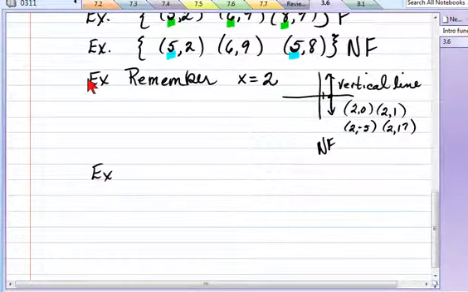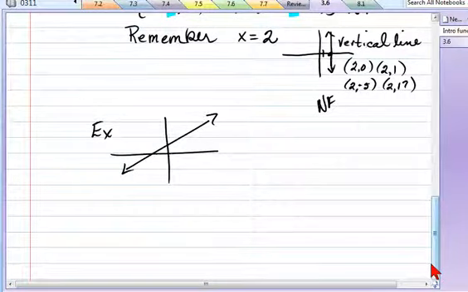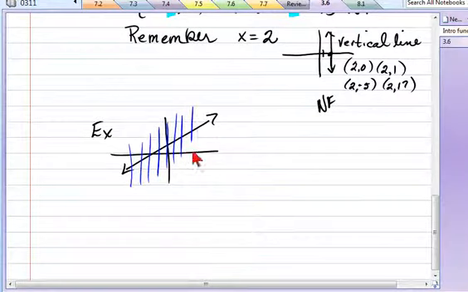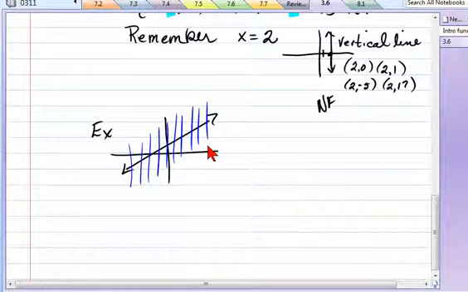Let's suppose that I have this graph of this slanted line, and I ask you, is that a function? Well, here's the way that you use the test. You take an imaginary vertical line, and you can pass it from left to right across your graph. Now, I only hit it with say 10 vertical lines, but let it just move continuously across.